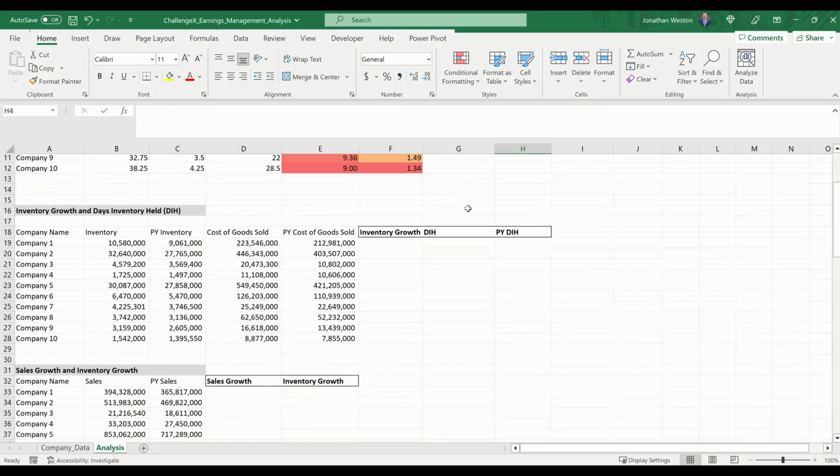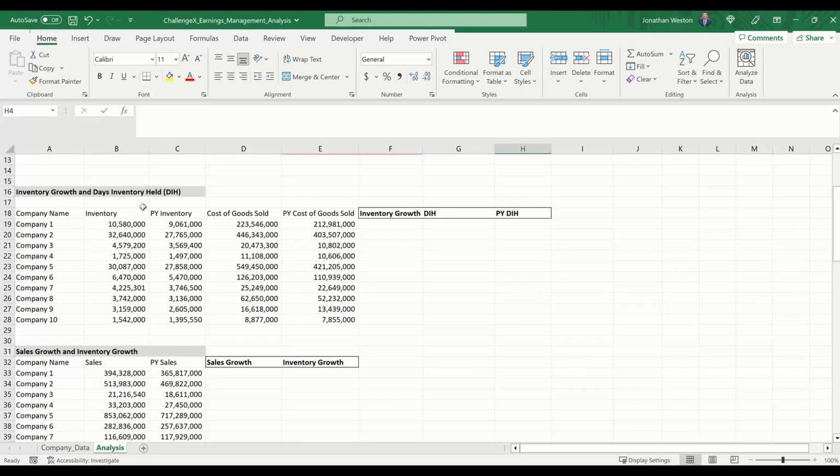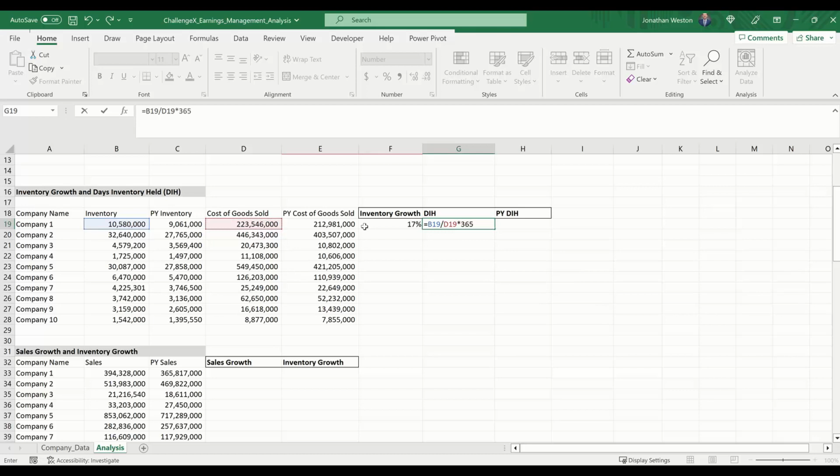The next test is inventory growth and days inventory held. Inventory growth is the current inventory minus the previous year, divided by the previous year. Days inventory held is inventory divided by the cost of goods sold times the number of days in the period, which is 365.